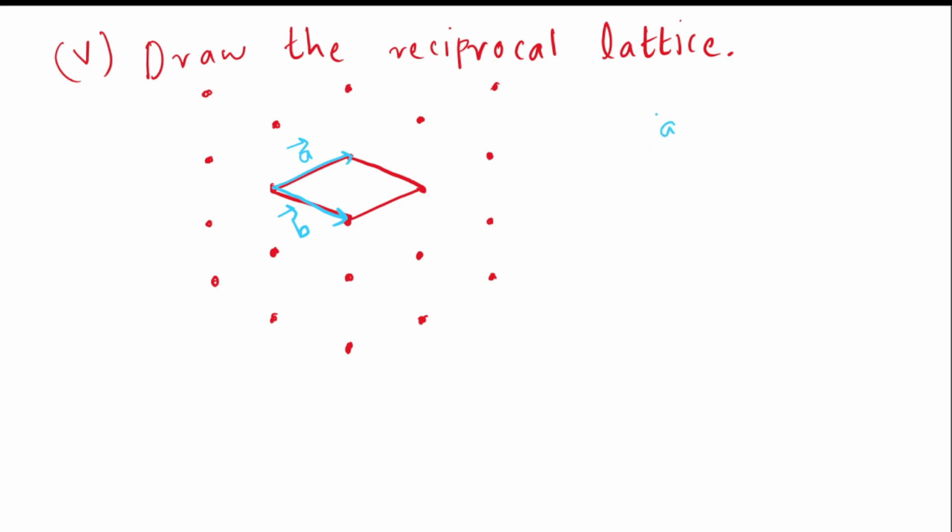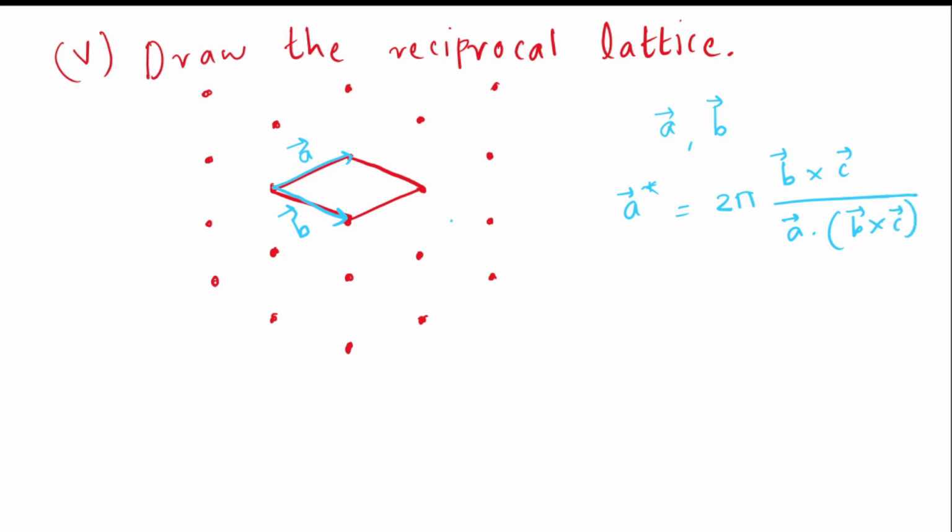If A, B are the direct lattice vectors, then the reciprocal lattice vectors can be found using the formula A star is equal to 2 pi into B cross C by A dot B cross C.